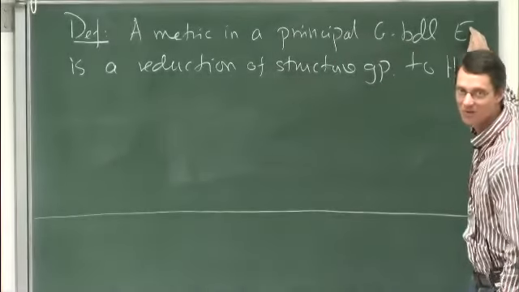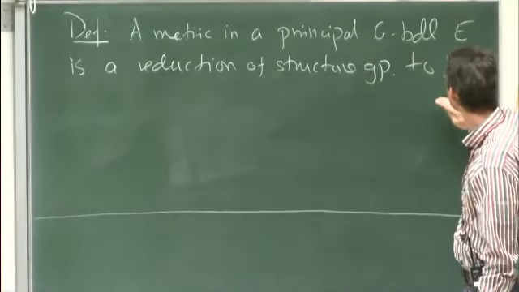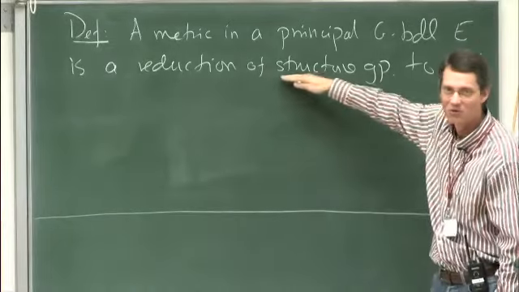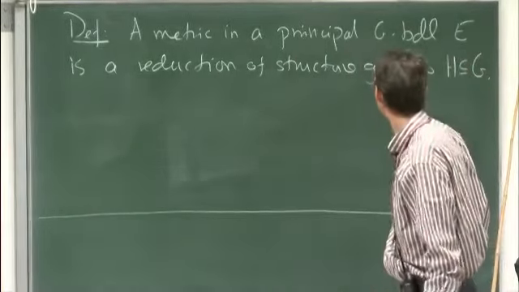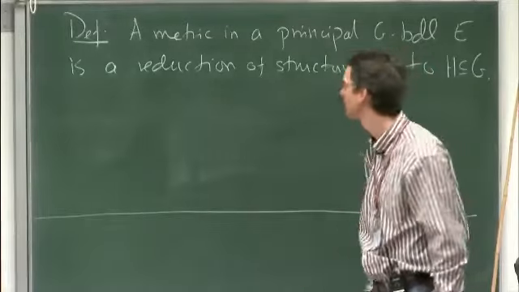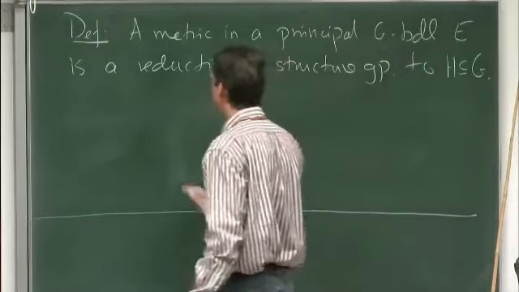And if you think of it, as Thomas explained to us, as the bundle of frames of a vector bundle, this reduction of structure group just chooses the sub-bundle of unitary frames that then defines a fiber metric in the associated vector bundle. So that's the reason why you call it that.